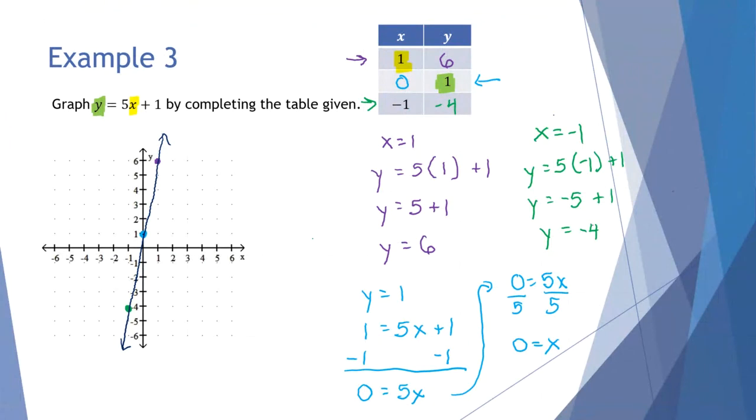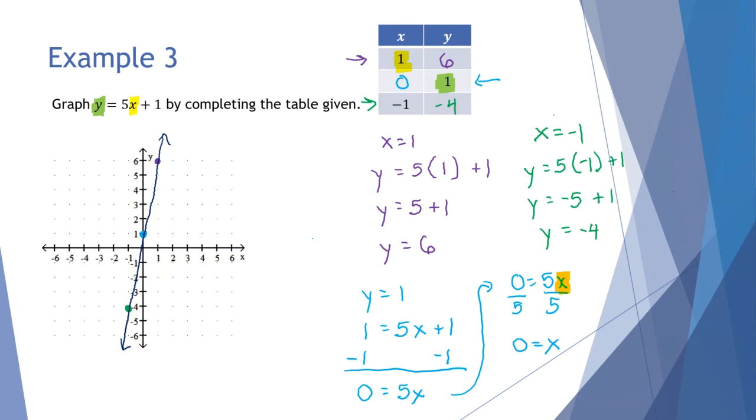Yes, the division part. The part where we divided by 5. We are dividing by 5 because I just want x. I want this x to be by itself. And my problem is I have a 5 in front of there, and that's a 5 times x. So if there's no symbol, if there's no plus or minus, we assume that it's multiplication. So if I have 5 times x, then I need to undo the multiplication, and we do that by division.